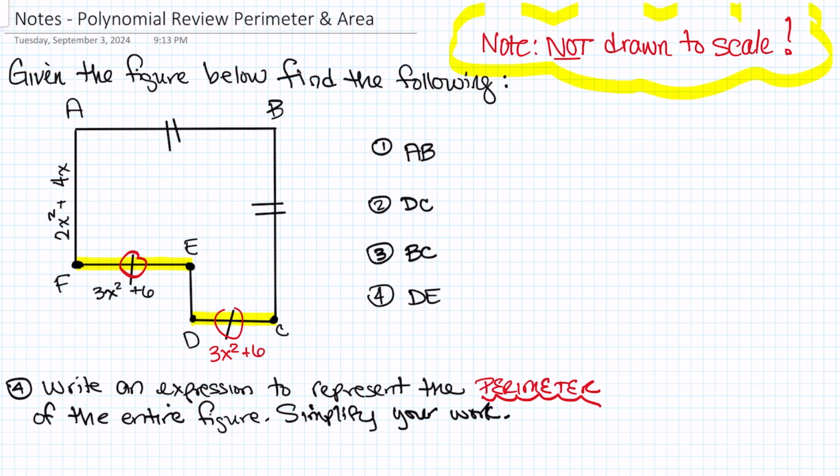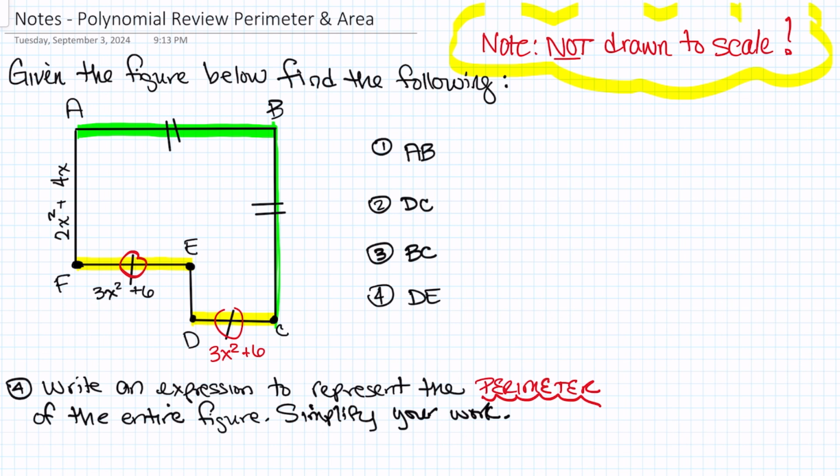So we know that FE and DC are congruent, and then we also know, since these have two tick marks, that AB and BC are the same length as well. That's helpful, except that neither of those line segments has any type of expression to show their length yet. So we need to do a little bit of detective work here. If we can figure out the missing pieces for AB, then we'll know the answer for BC.